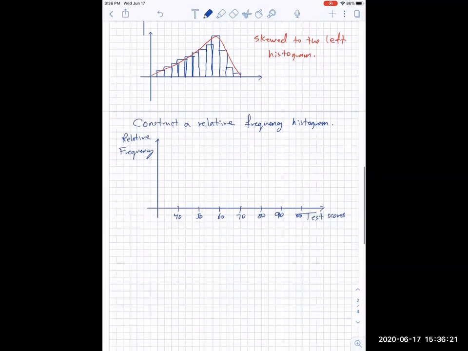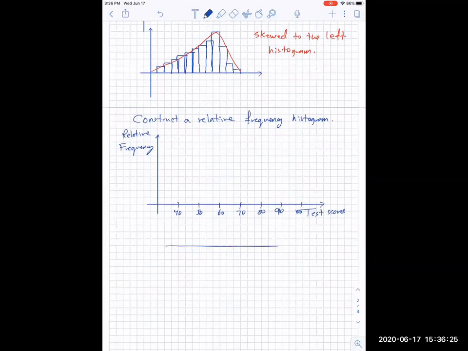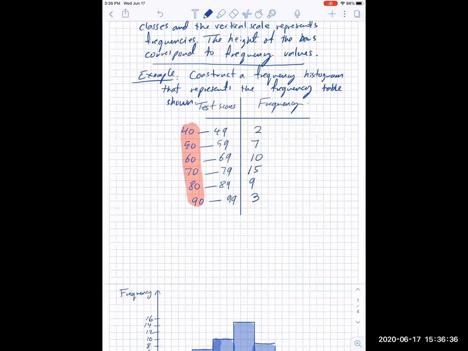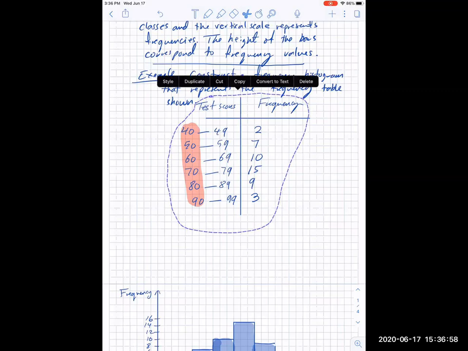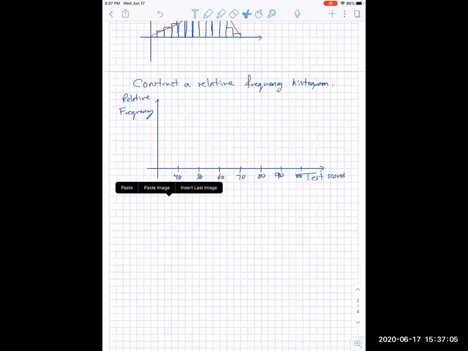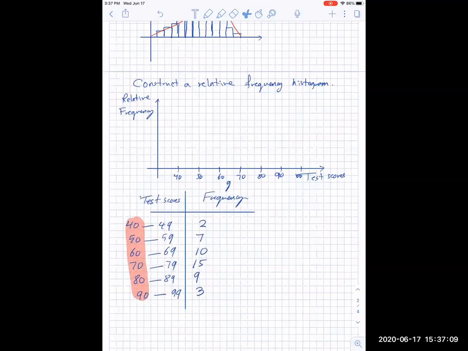So let me go and get this graph. So this is our original graph.